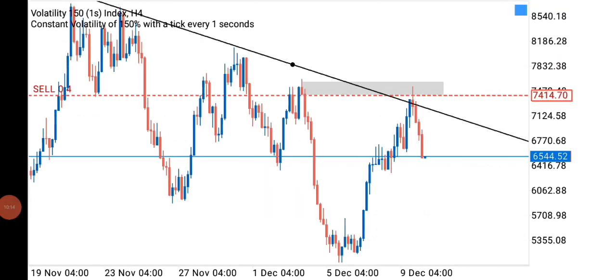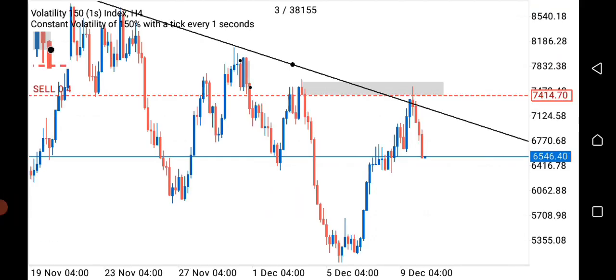The market came back to test this other block and then tapped into it, moved to the downside. First of all, the market moved up, right? Then a low, a higher high. But generally you are expecting the market to go down, right? Because you know that this is a trend line.